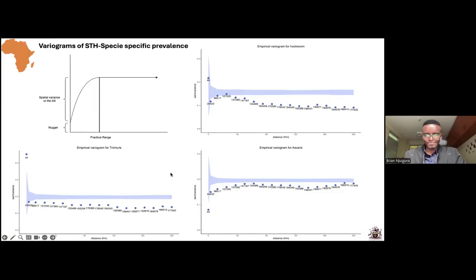So for us, in all the STH species, we saw that the points were falling outside the 95% tolerance band, and we moved on to do geostatistical modeling.